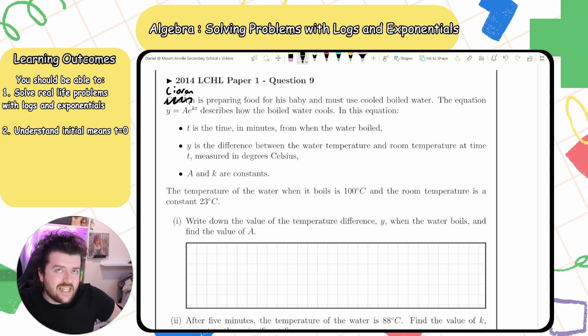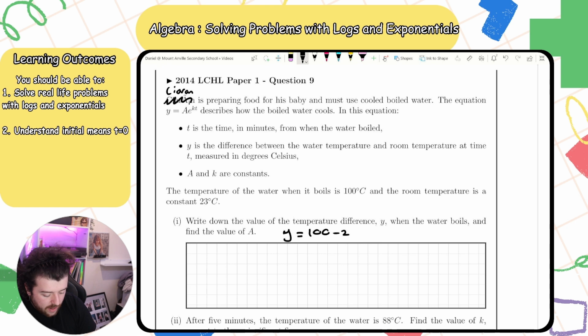A and k are constants. The temperature of the water when it boils is 100 degrees Celsius, and the room temperature is a constant 23 degrees. Write down the value of the temperature y when the water boils and find the value of a. So remember, y is the difference.